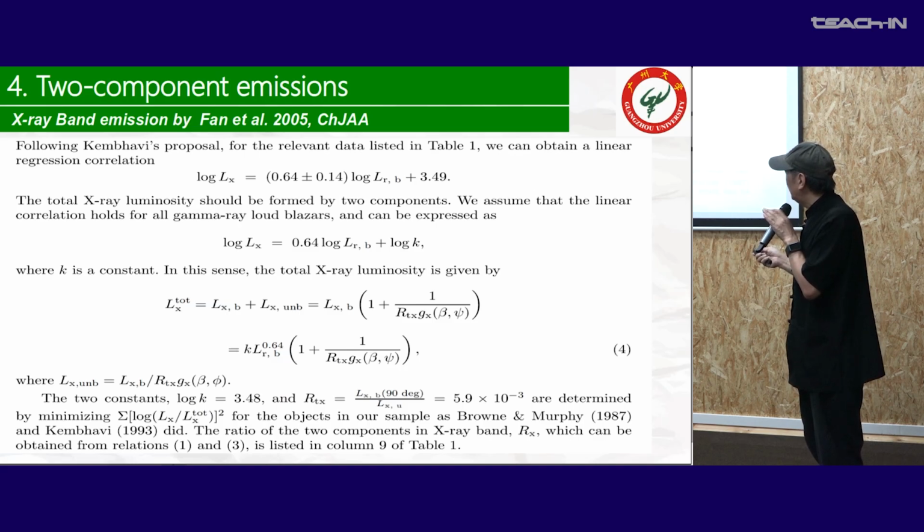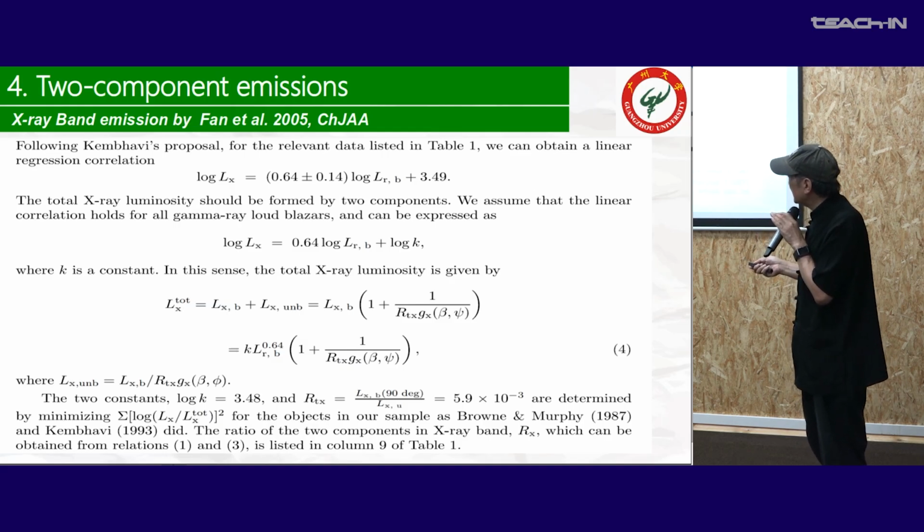Now this can also be rewritten in this way. This k is a constant. This constant is almost the same as this one. Then for the X-ray band, the extended part luminosity should be written in this way.